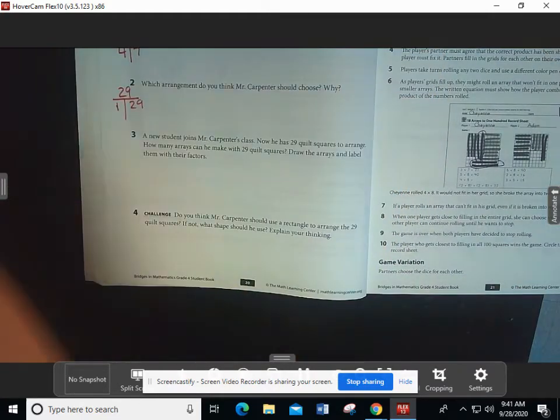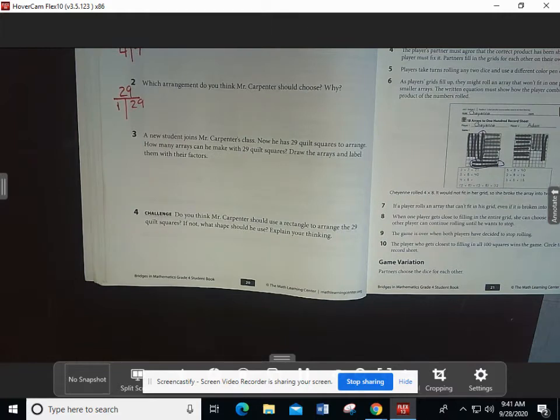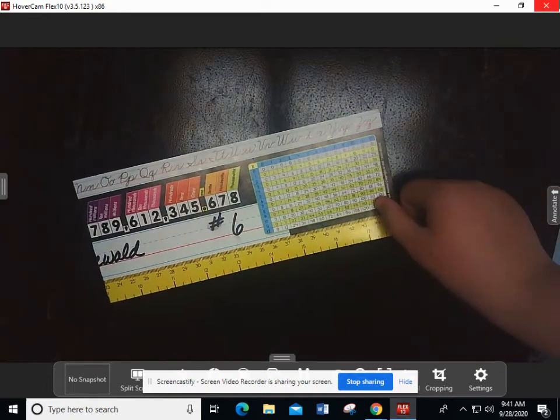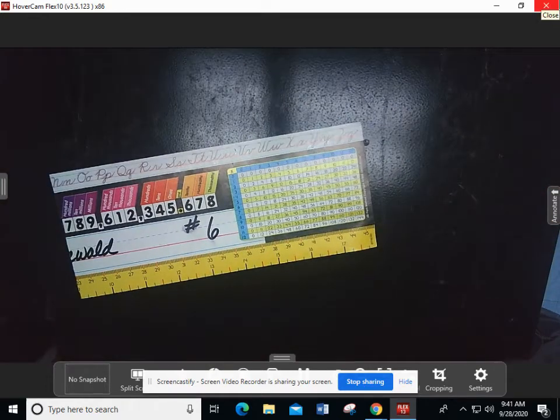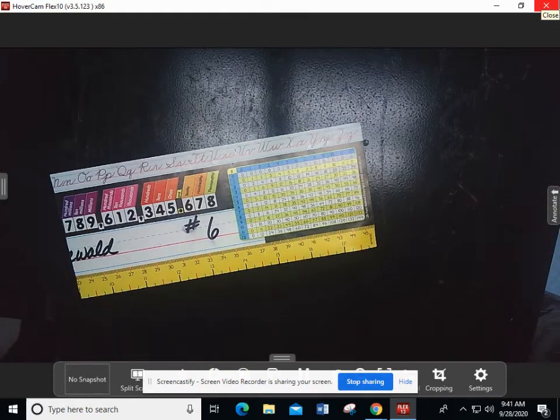Now, Millie was using a different strategy, and she's going to come over and show what she was doing. And apparently Luke does that on their table too. And I don't know how many other people use this, but it does work. So I looked on my ratio table, and I looked around for a 29, and I couldn't find any, so I knew that there's only a 1 times 29.